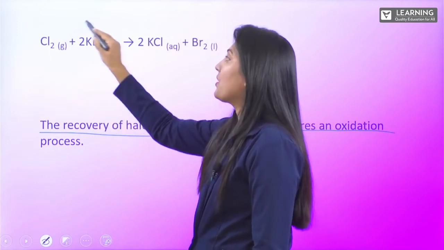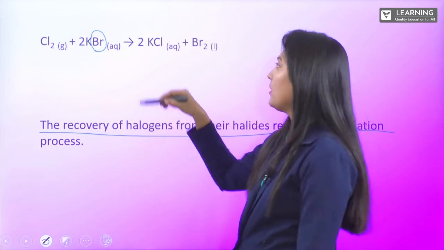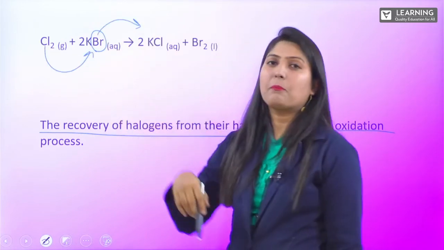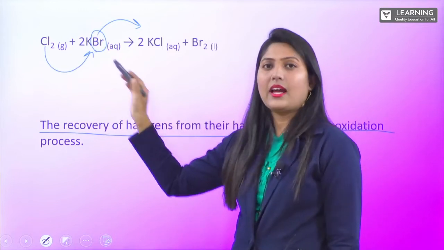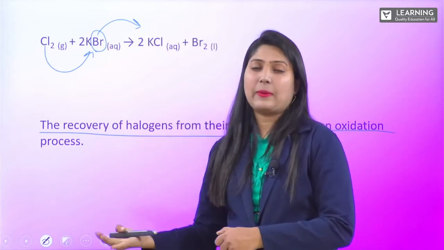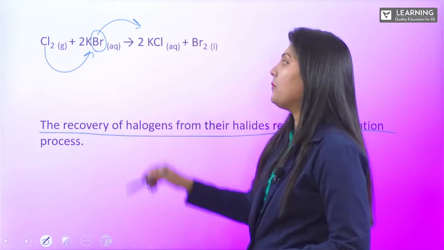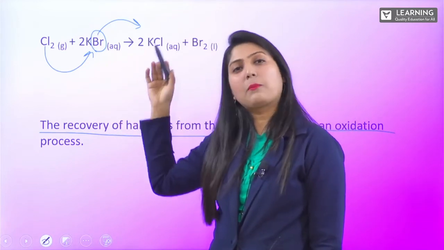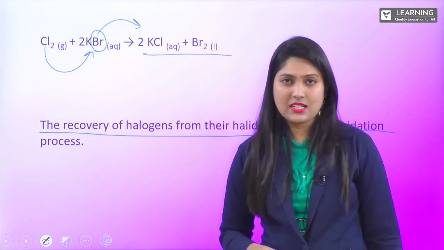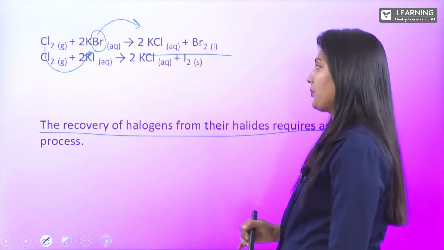Bromine is ejected out and chlorine occupies its place. So this is a non-metal and non-metal displacement reaction. Whatever the displacement, whether metal or non-metal, remember that the stronger one can displace the weaker one. By this reaction, you can understand that chlorine is more reactive than bromine.